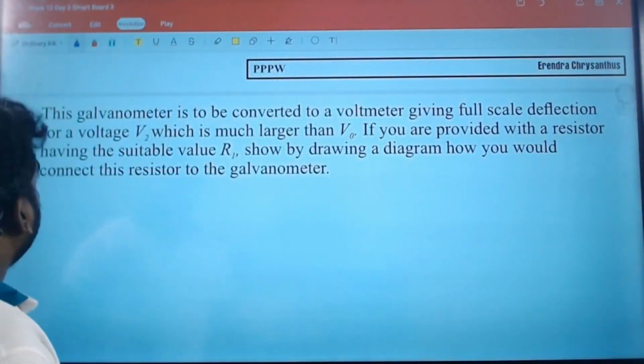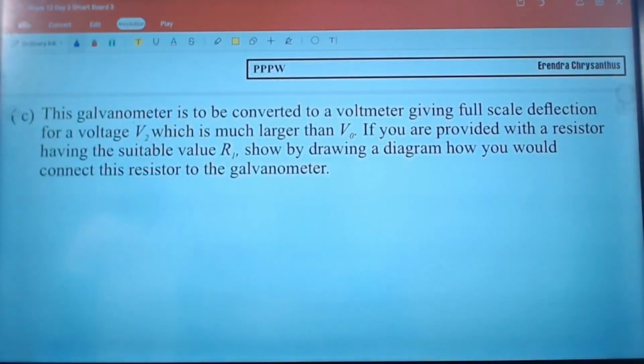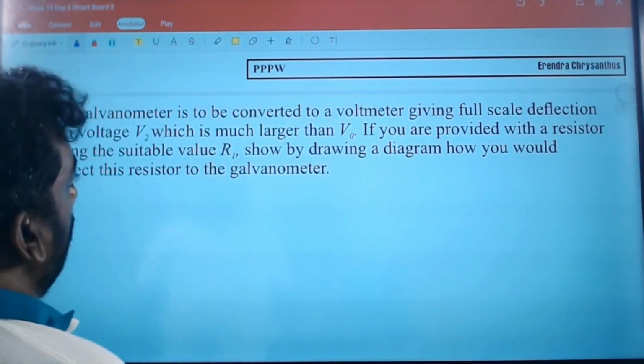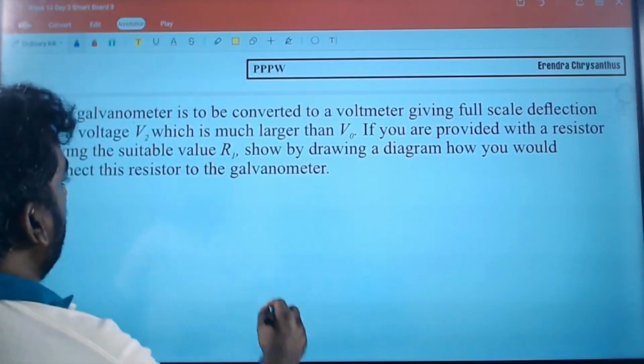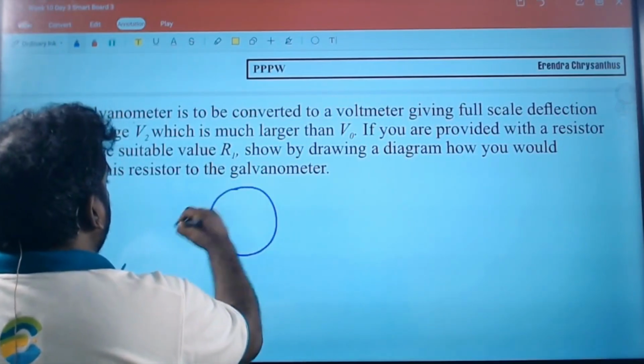Part C. This galvanometer is to be converted to a voltmeter giving full scale deflection voltage V2, which is larger than V naught. If you are provided a resistor R1, show how you would connect it.